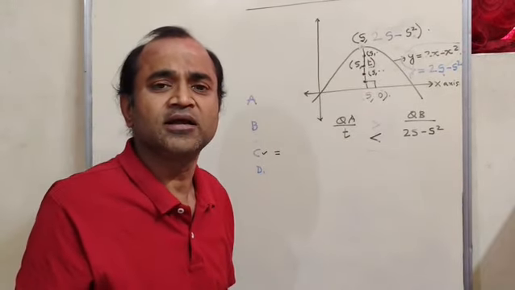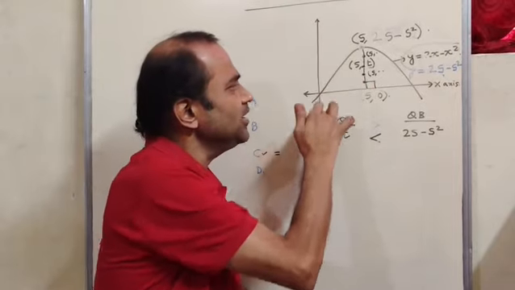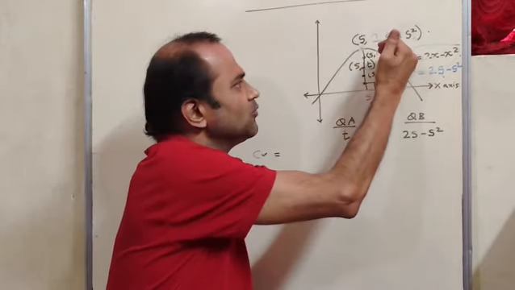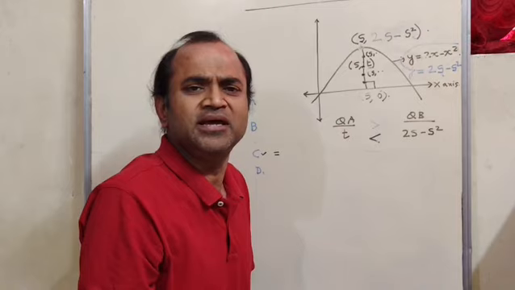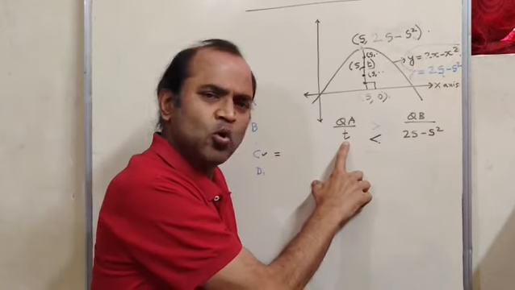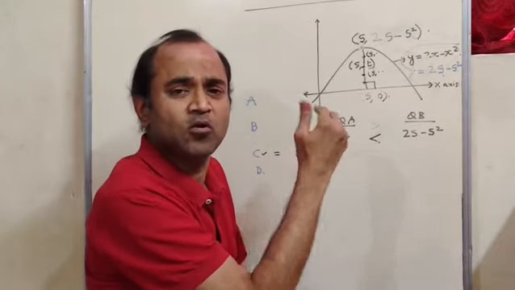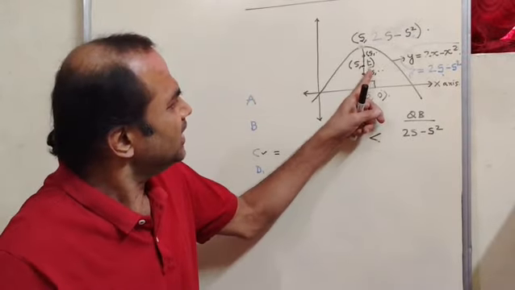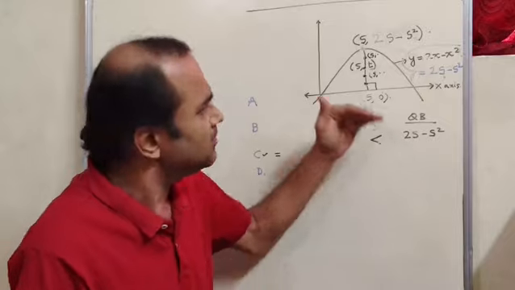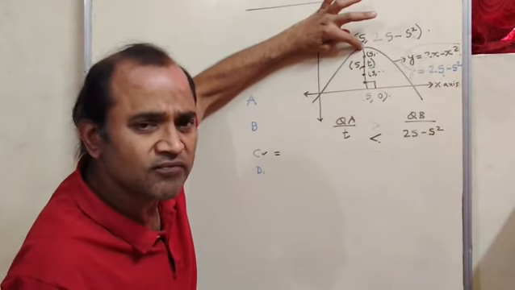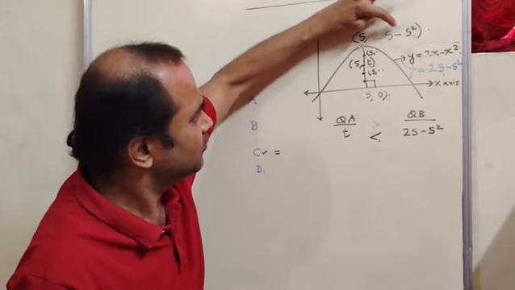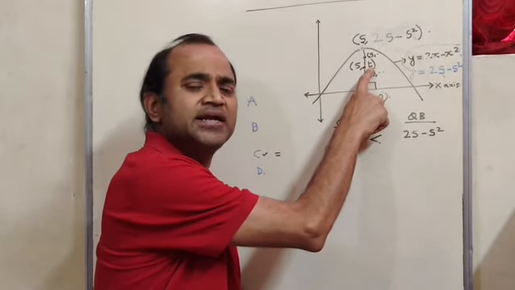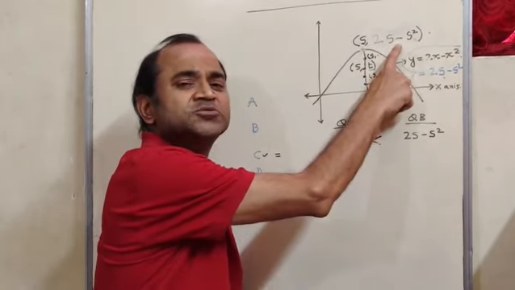Now, if you recall, for all points in the xy coordinate plane, the points lying above will obviously have greater y coordinates than the points that lie below them. Since the point S, T is given in the figure to lie below the point on the parabola whose y coordinate is 2s minus s square, this y coordinate t has to be less than 2s minus s square.